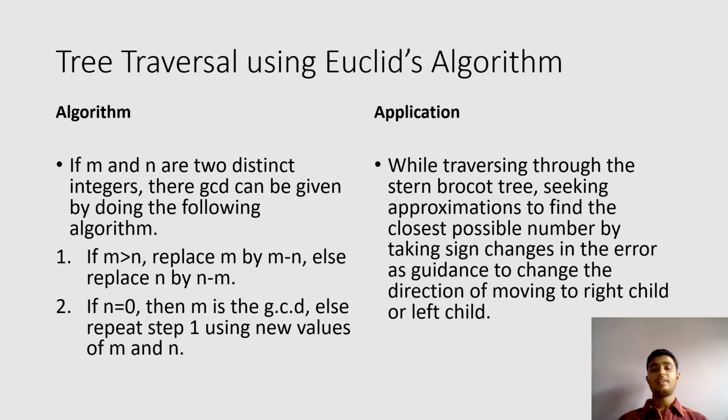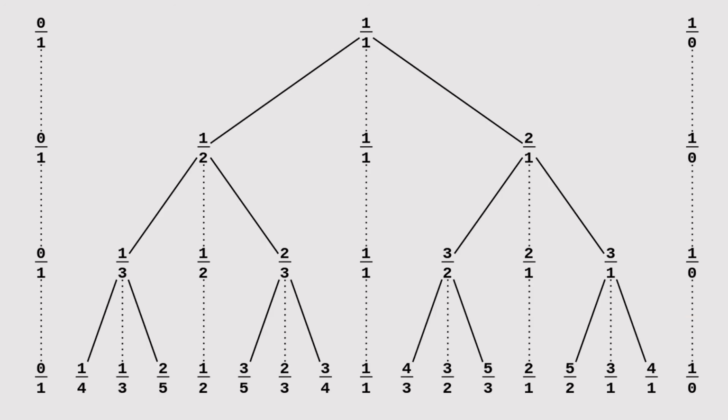That is, while traversing through the Stern-Brocot tree, we seek an approximation to find the closest possible number by taking sign changes in the error as guidance to change the direction of moving to the right child or the left child. We shall explain this method. For finding the most appropriate approximation of a number in the tree, we traverse down at each node and change the direction, either left or right child, depending upon the sign changes in the error induced by the current approximation and the error corresponding to its parent.